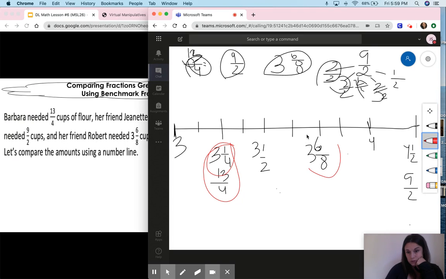The next one bigger is 3 6/8. And the largest one was 9/2. I wonder if anybody thought that would be the largest, even though the number in the denominator was the smallest, but halves are actually bigger than 4ths or 8ths, right? So 9/2 turns out to be bigger.